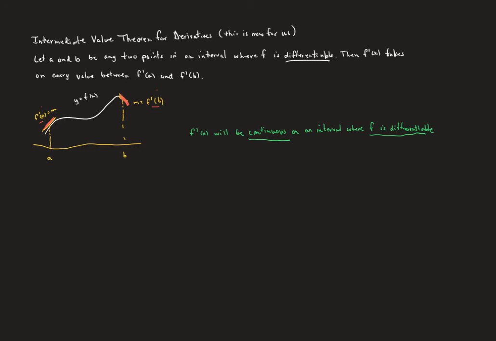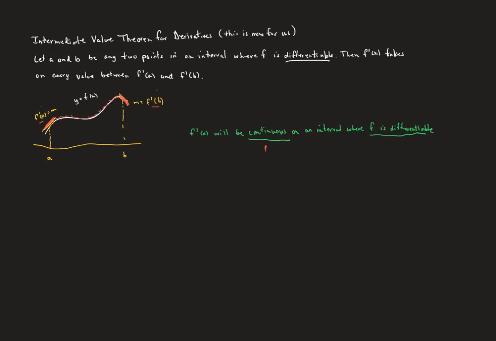What that's really saying is that when a function is differentiable, so the derivative exists at every point along this interval, then the values you get for that derivative function are going to be connected. It's going to be a continuous derivative function.